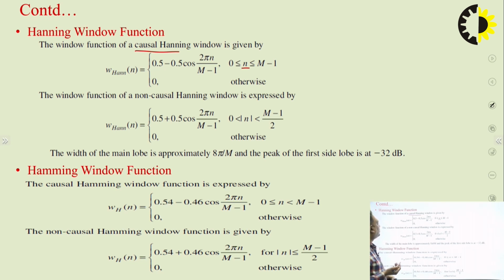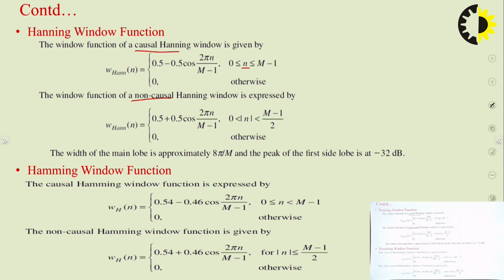For the non-causal, symmetric case, we use a plus sign rather than the minus sign, and the range is from minus (M minus 1)/2 to (M minus 1)/2, because of the mod n sign. The main lobe width is approximately 8π/M. Later on we will see the comparison also.